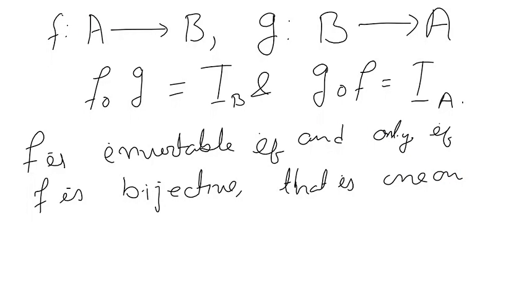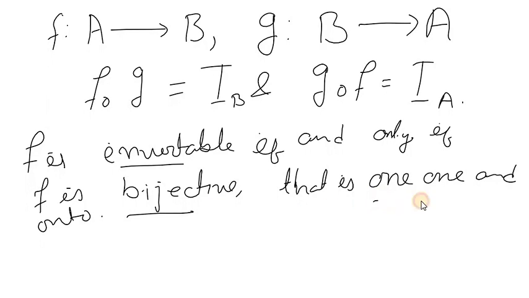These are the qualities of a bijective function, so you have to know that first. If it is invertible, then it will be bijective. Bijective means one-one and onto. Whenever you have to check whether a function is bijective or not, you have to see this criteria.